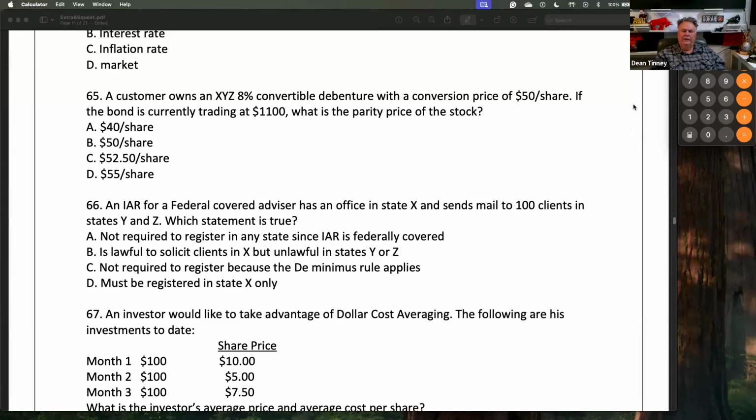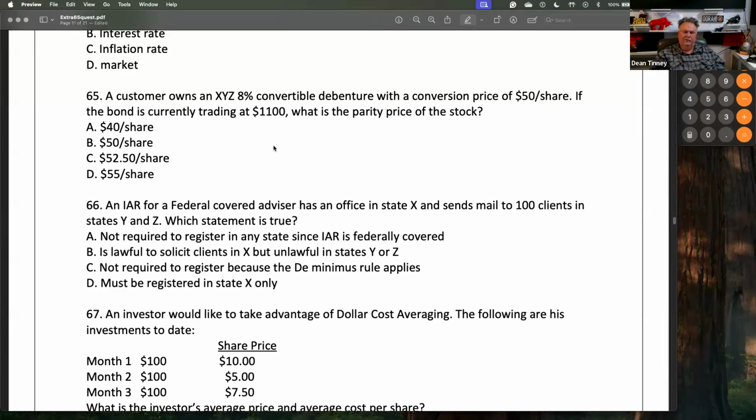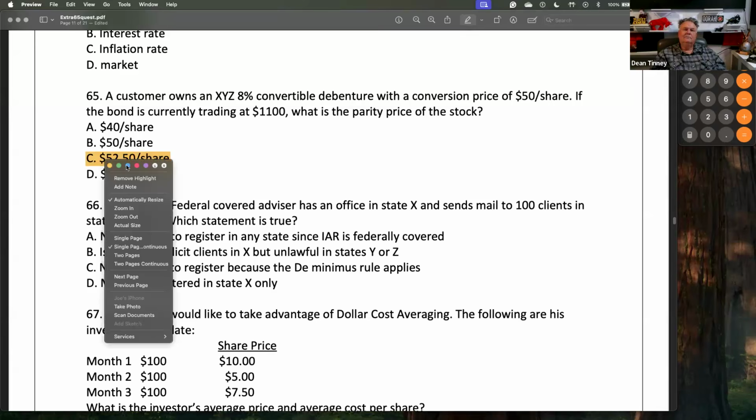Right now, the bond is trading at 1100, so let's clear our calculator. If we can turn this into 20 shares, divide by 20, we would be paying $55 a share. Parity means equal. So buying this bond at 1100 is equal to paying $55 for the stock.